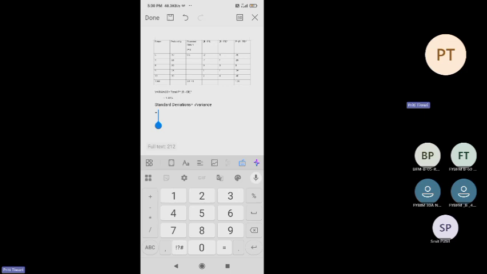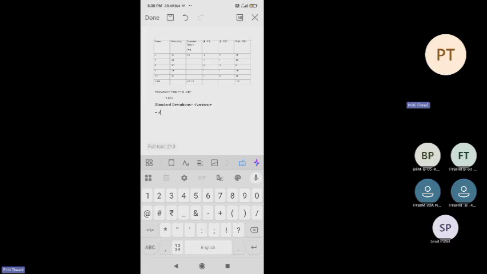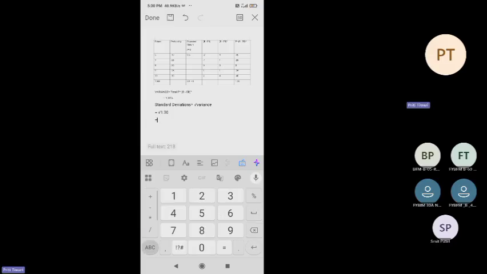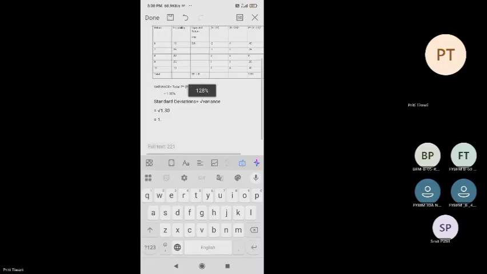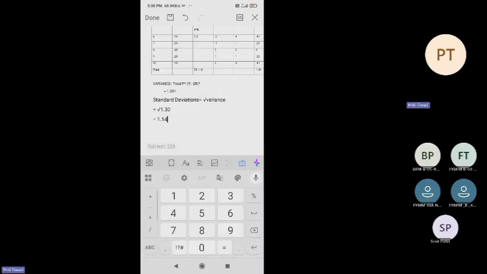Taking the square root of 1.30, what answer are we getting? 1.14. We are getting an answer of 1.14.